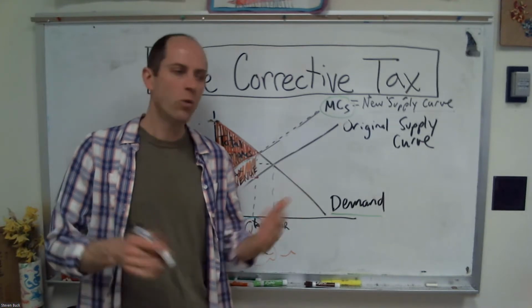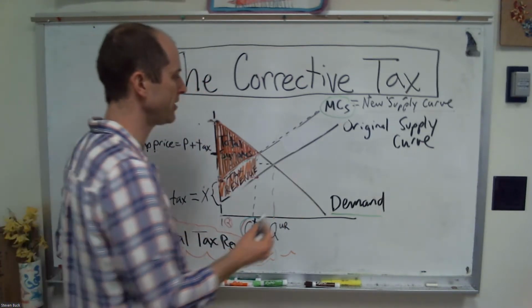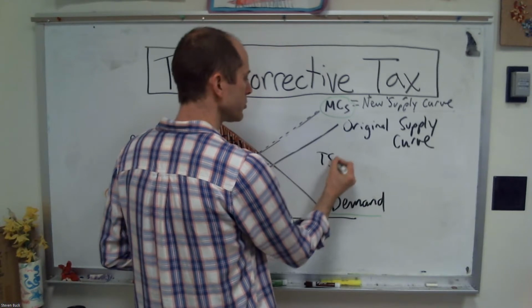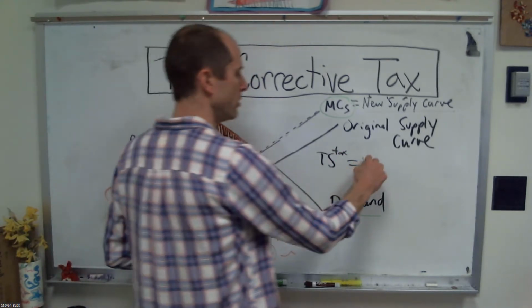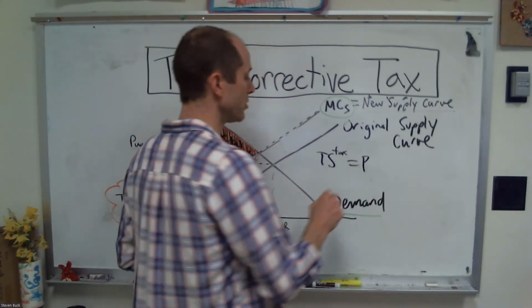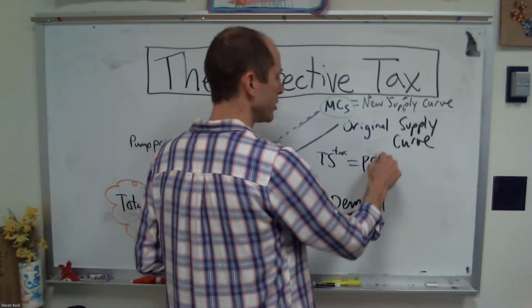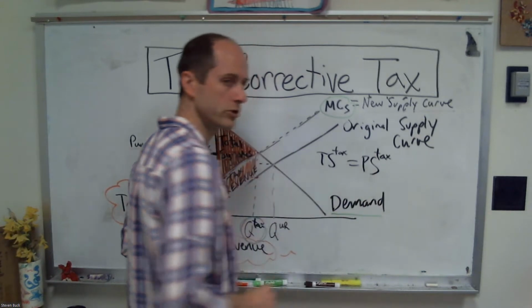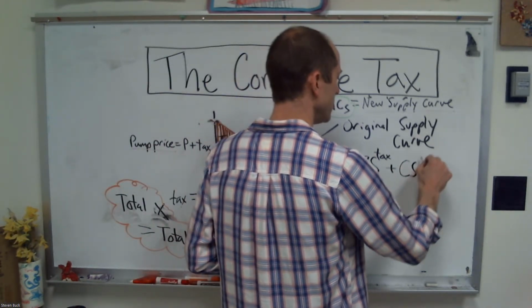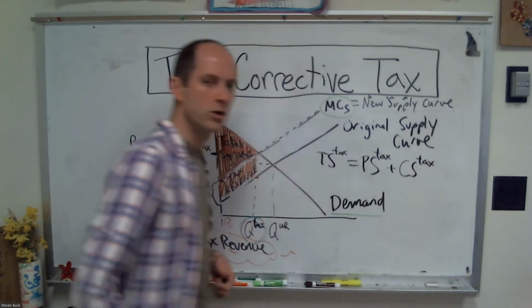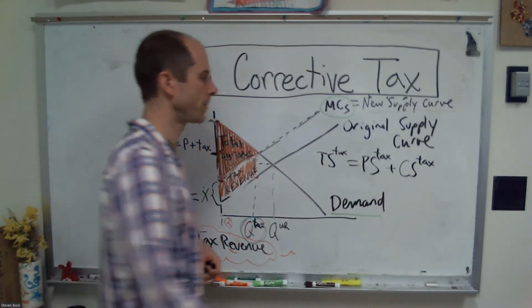Why is that the case? Well, the math is pretty straightforward. Total surplus under the tax is going to be equal to, well, who are we concerned with? We're concerned with producers, so producer surplus. We're concerned with consumers, so consumer surplus.